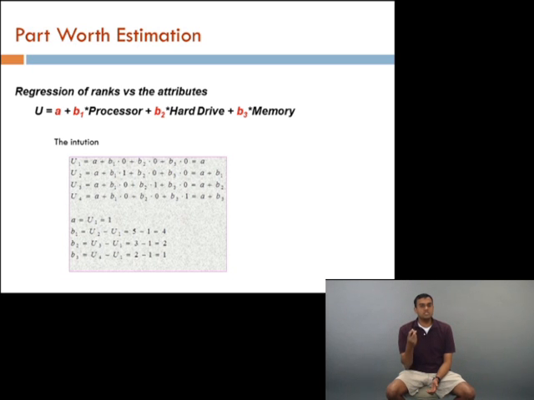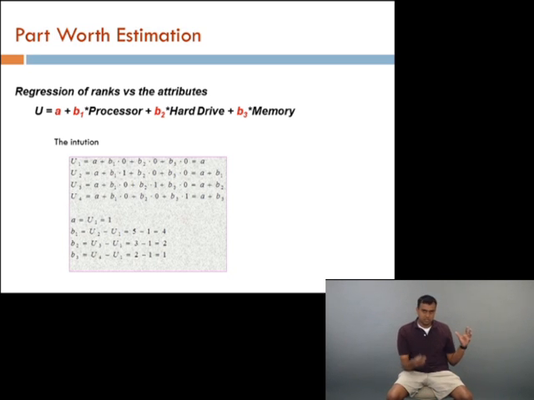And once it runs these ratings, it also tries to minimize the error, which means that a person makes a preference 3, preference 4, right, and the combination of those attributes gives the total utility that it should. Okay, so assume that the computer has calculated these utilities, and then what it does is it tries to estimate how much each of these part worths are worth. And how it does that is it runs a regression.